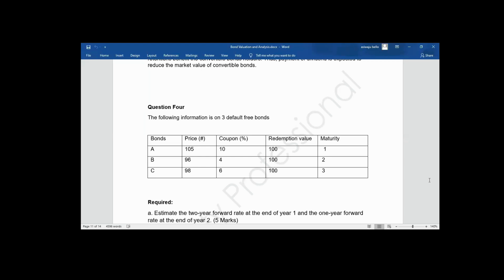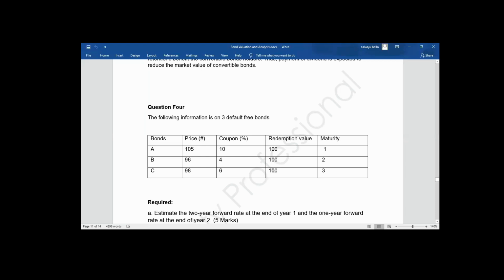But last diet, the examiner started with forward rates. What it means is the examiner is likely to test more forward rates in future diets. Hence, we cannot close our eyes to this question.